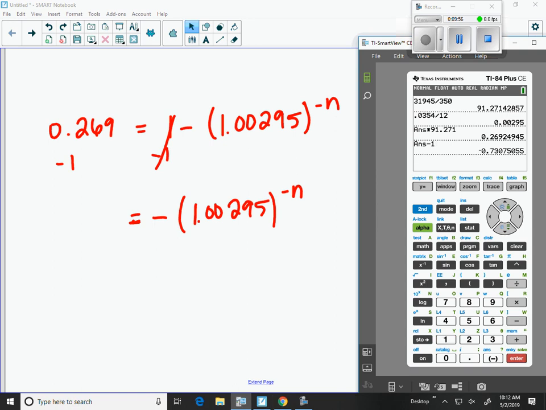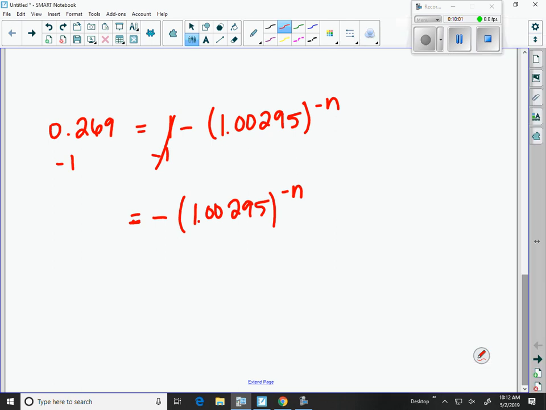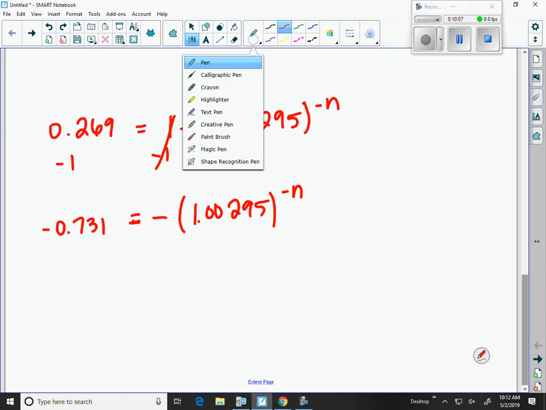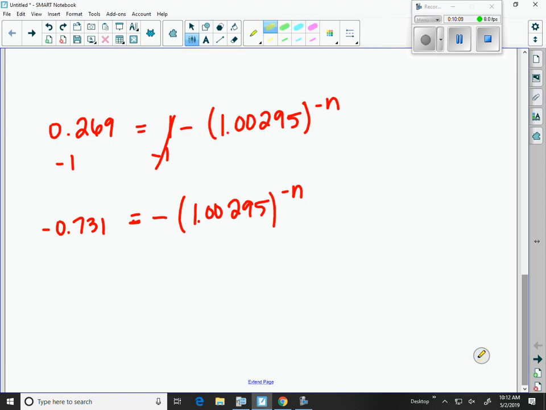We'll say negative 0.731. Okay, this looks really good. If you notice on both sides, and this should happen for yours as well, you have a negative sign on both sides. So we're going to divide by -1 and just get rid of those negatives.